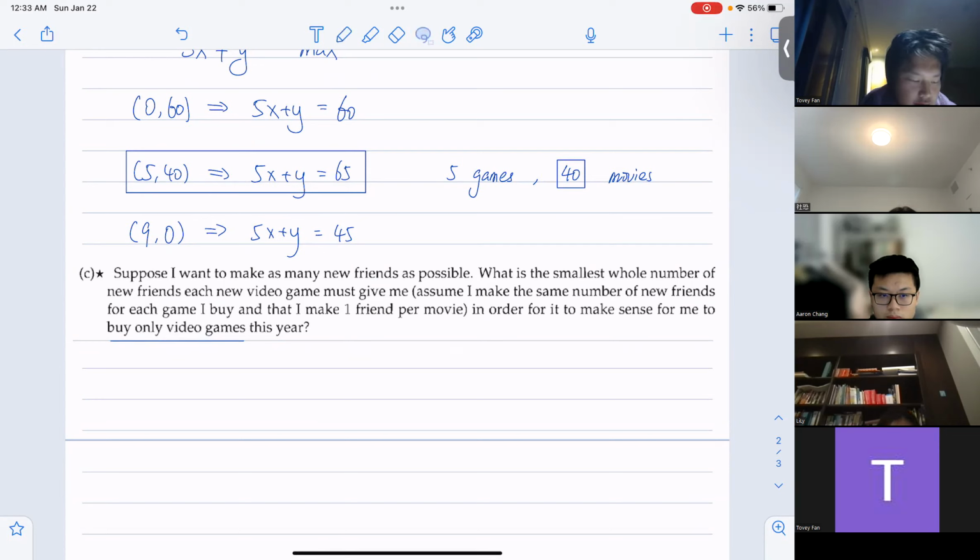So it's actually asking, when does the third intersection, the third solution, provide me with the most number of friends? And when this happens, what is the smallest whole number of friends I make with each game? And again, for a movie, it's still 1 friend per movie.